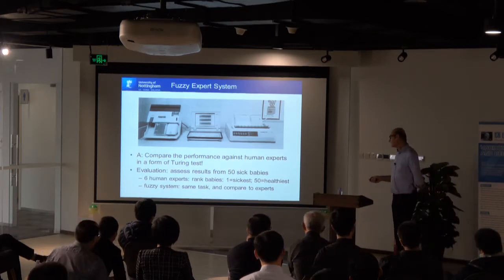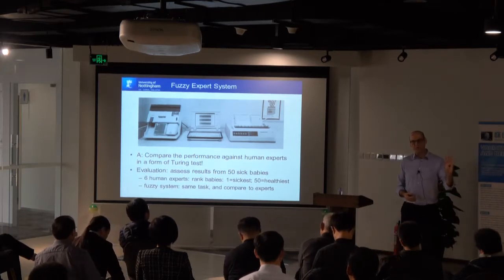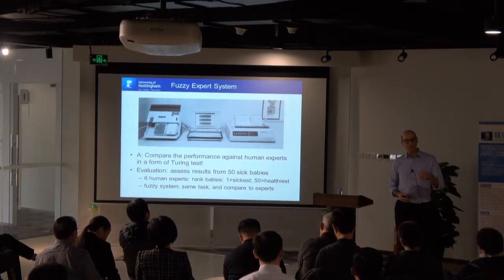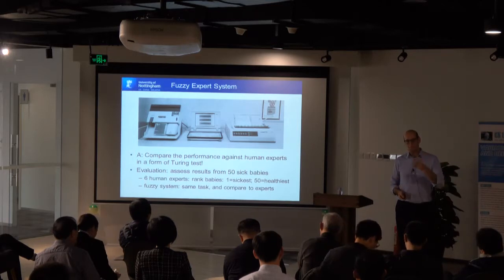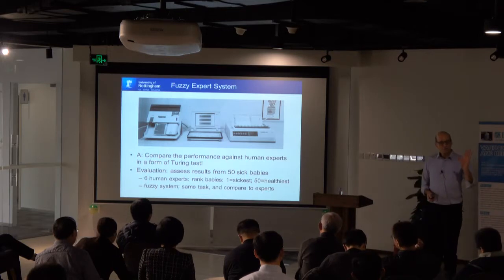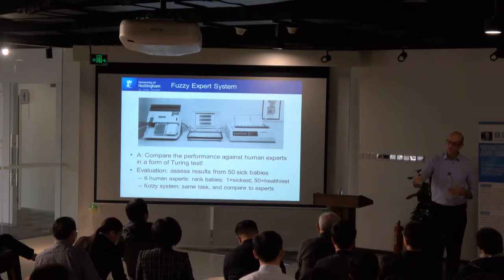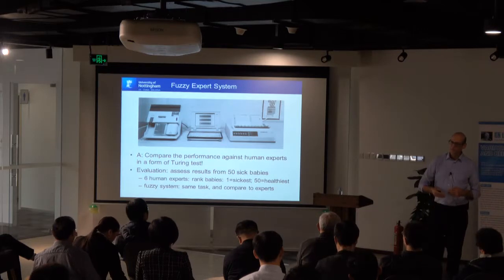And I gave them to the experts. I gave the results to the experts. We've got the 4 numbers for each baby, and I said to the experts, from these numbers, looking at the asphyxiated state of the baby, can you place them in order from which baby is the sickest to which baby is the healthiest?